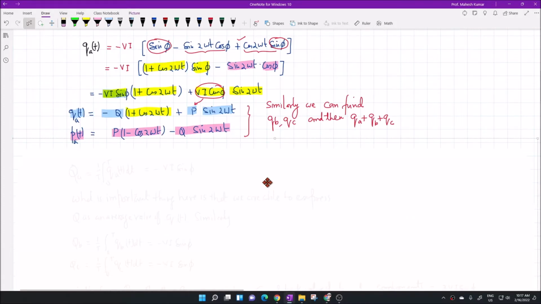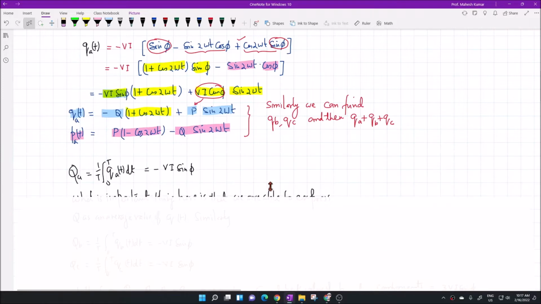What do we see here? The first thing is that the average component of QA, if I take the average value of this term, becomes simply minus Q, or minus BI sin phi. Similarly, we can prove for other phases that they are the same.